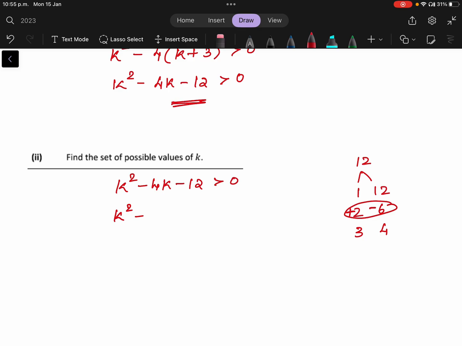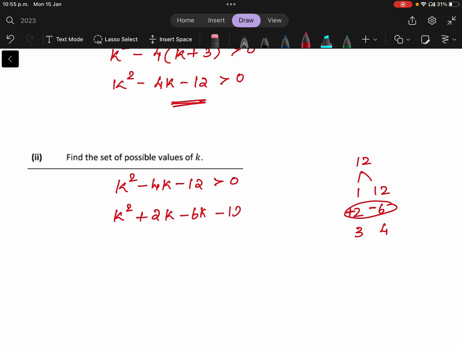So you can split this 4k as k² + 2k − 6k − 12 greater than 0, or k times (k + 2) minus 6 times (k + 2) is greater than 0.